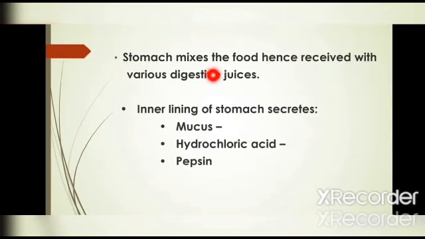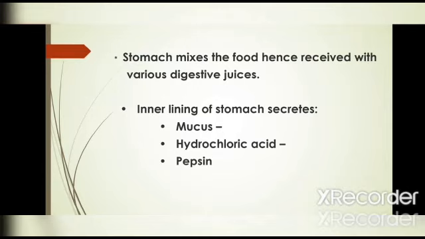The stomach mixes the food thus received with various digestive juices. I have already told you that the inner lining of the stomach has gastric glands which secrete mucus, hydrochloric acid, that is HCl, and pepsin. The role of mucus is to protect the inner lining of the stomach from HCl.